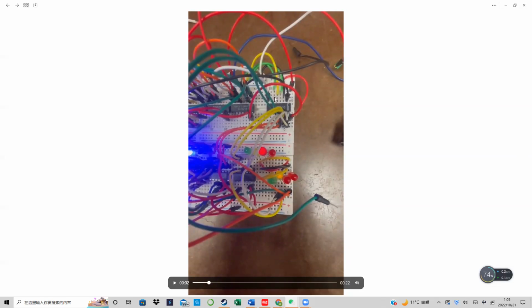Because the output from the 3 to 8 decoder can only reach about 3.3 volts, the power cannot light all the LEDs. But as we can see, here is the light on Santa Clara, and here is the light on 7th Street.